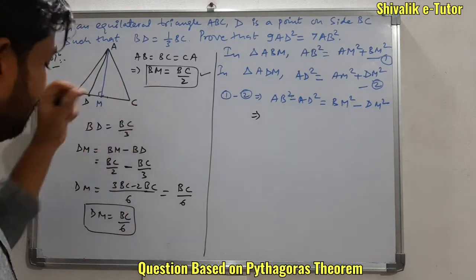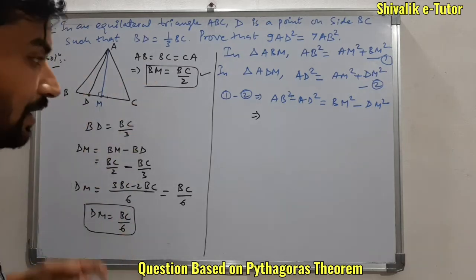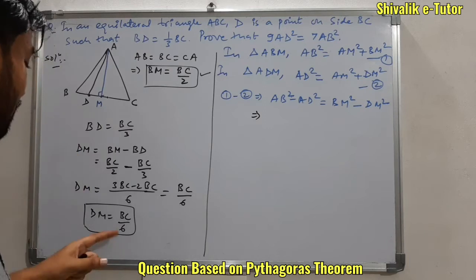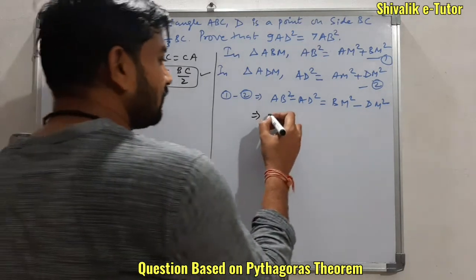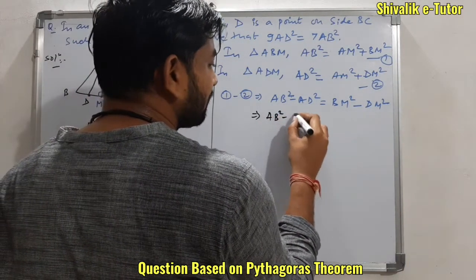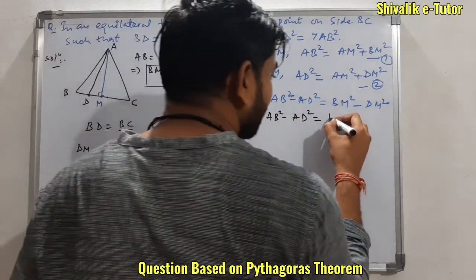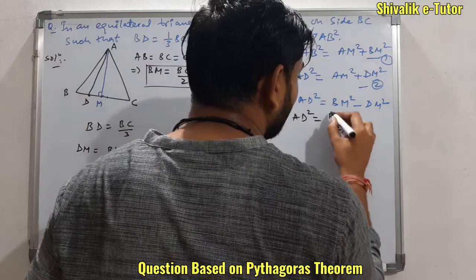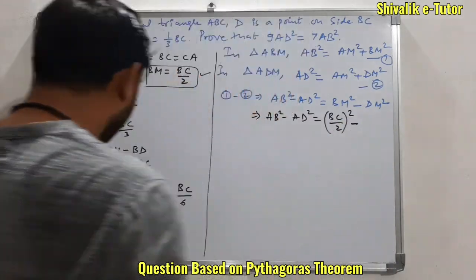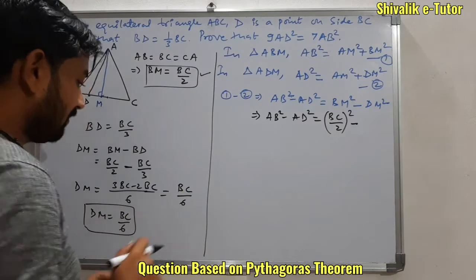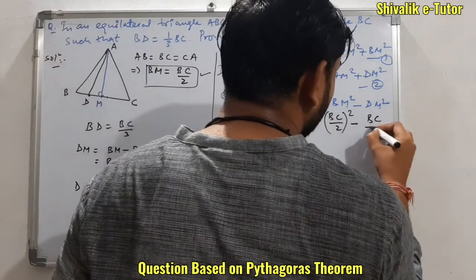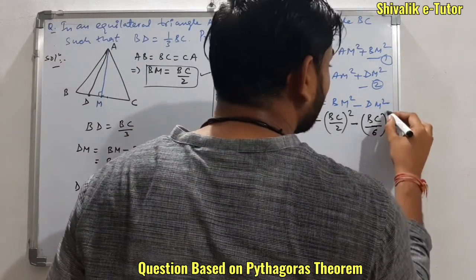BM is BC by 2 and DM is BC by 6. So let us use this result. AB square minus AD square is equal to BM is BC by 2. So I am writing BC by 2 whole square minus DM is BC by 6. So let us write it as BC by 6 whole square.